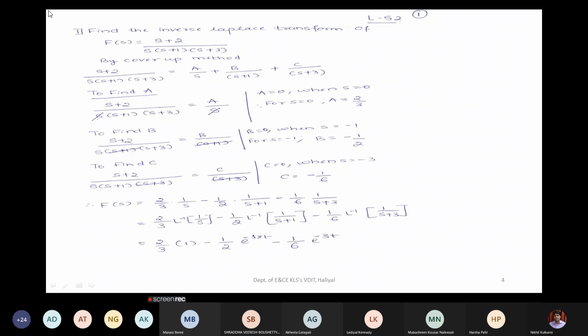Yes, it is a linear equation. From your mathematical background, you should be able to grasp it. Linear and distinct it is, right? So we have 1 by s, s plus 1 and s plus 3. It is just like s plus 0 instead of s. So the denominator factor is changing linearly.